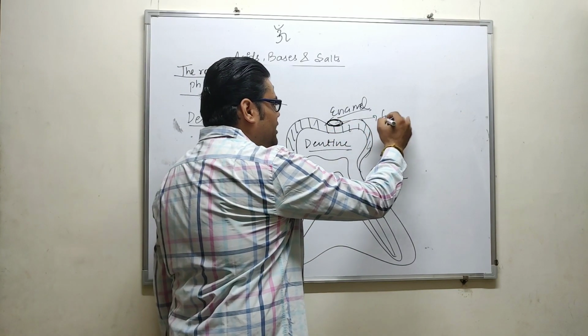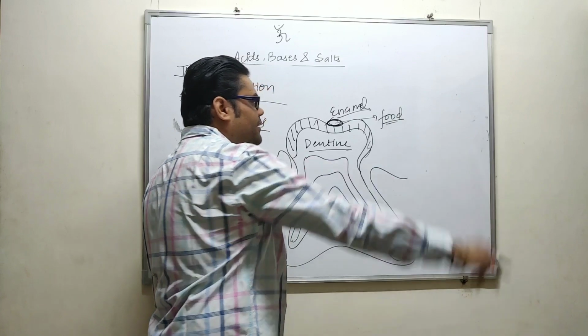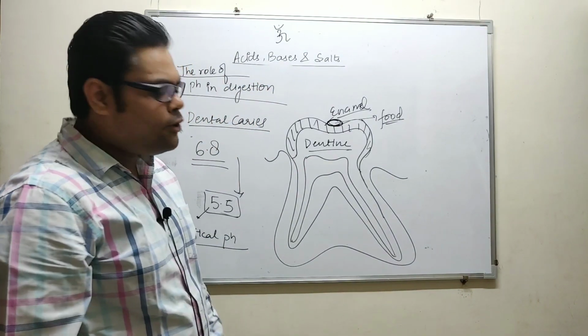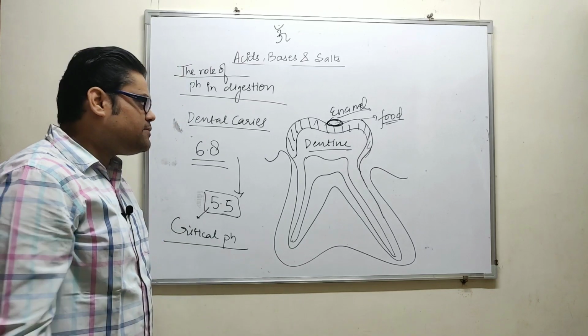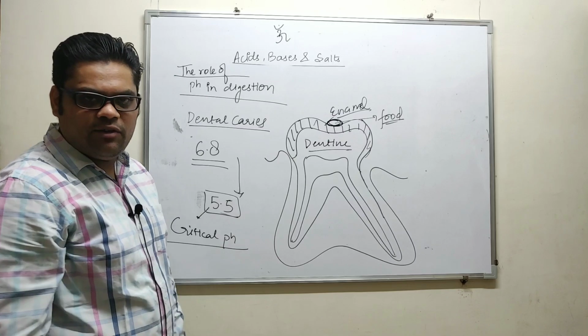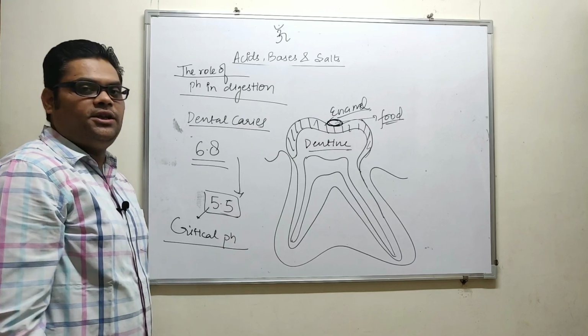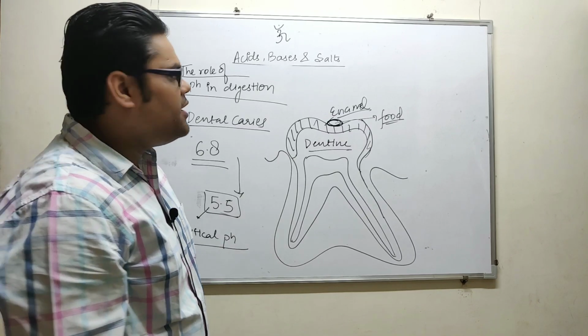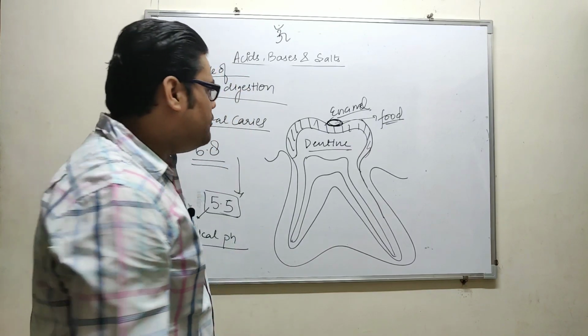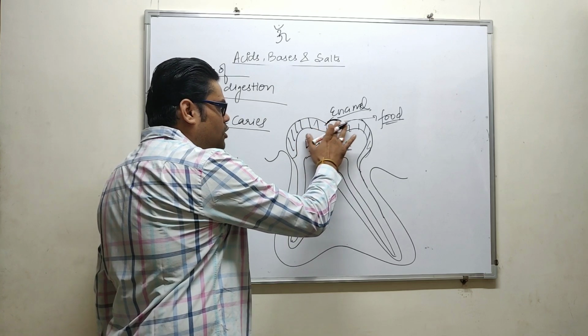Okay, so this food material will invite bacteria, which will decompose it. Anaerobic decomposition, anaerobic oxidation will take place, by virtue of which lactic acid will be produced, and this lactic acid will dissolve the salts of calcium, phosphorus, different salts present in enamel, which causes weakening of enamel rods.